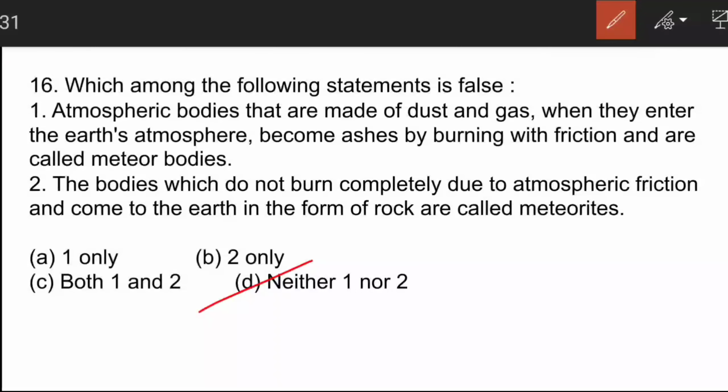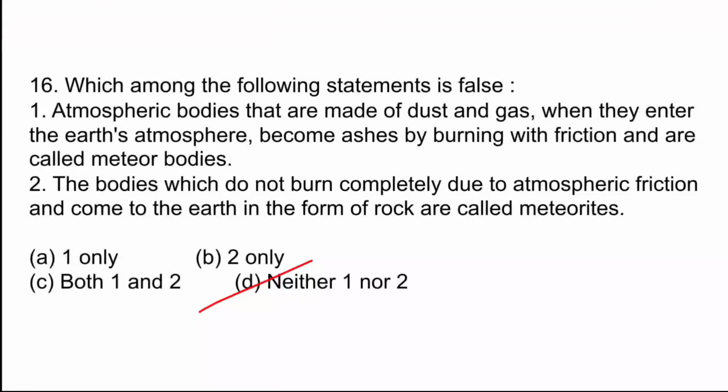Let's see how. Atmospheric bodies that reach the Earth's atmosphere by burning with friction are called meteors, and those which do not burn completely are known as meteorites. You have to know the difference between asteroids, meteors, meteoroids, comets.